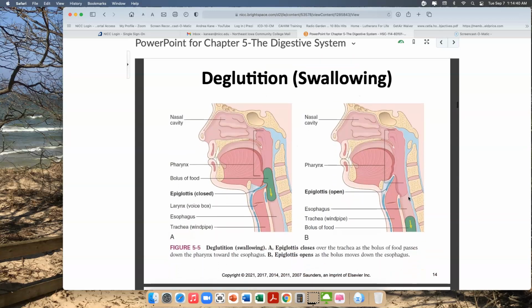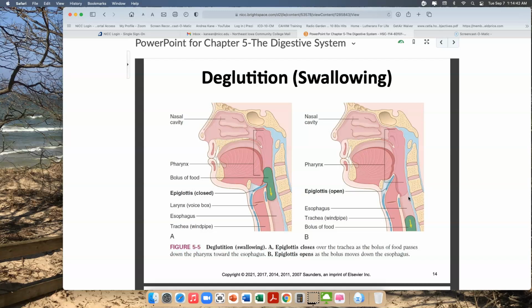Another term for swallowing is deglutition. Deglutition. That's known as swallowing. And if you look at this visual, on the left, you can see the food bolus is in green and it is moving down the esophagus. But notice here that the epiglottis is closed. It's blocking that food bolus from accidentally going down the trachea and ending up in the lungs, causing aspiration.